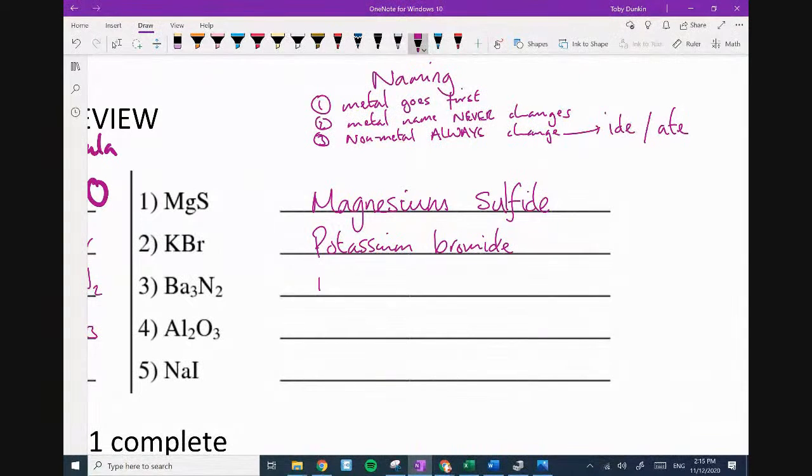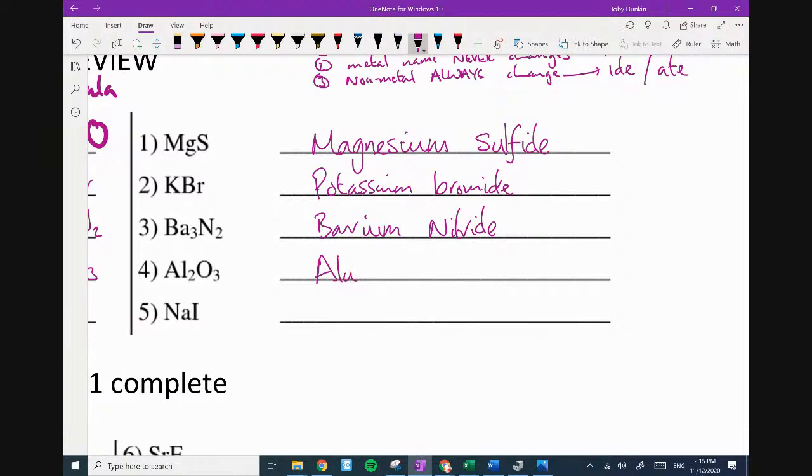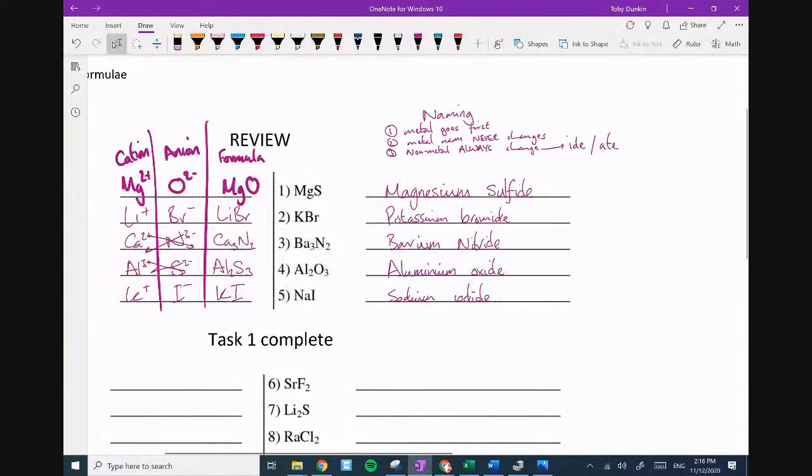Then you get barium nitride. I haven't spelled that very well, have I? Barium nitride. If you're wondering if you need to capitalize the second word, you don't actually. Aluminium oxide. Aluminium, the metal never changes. Oxide. And then sodium iodide.